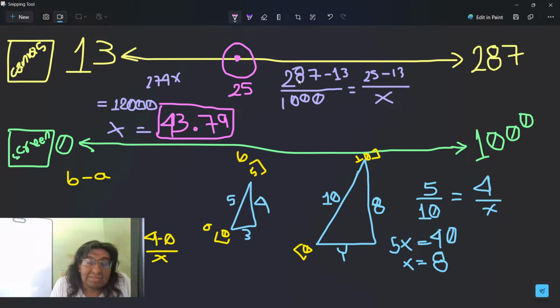So this means this will be 274. 274 x equals 0.